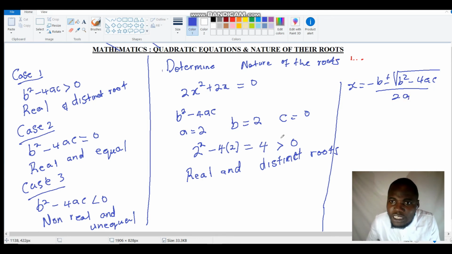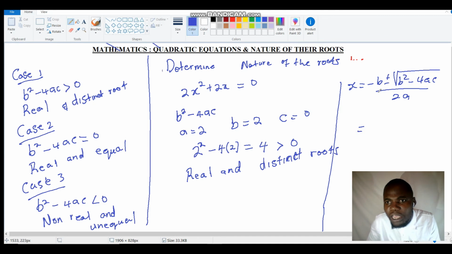So let's find the roots of this equation. The question was saying determine the nature of the roots, so we have answered and ended there. You don't have to do this, but for the purpose of making sure you understand why this is the case, I am finding them for you. If they say determine the nature of the roots, you end there.